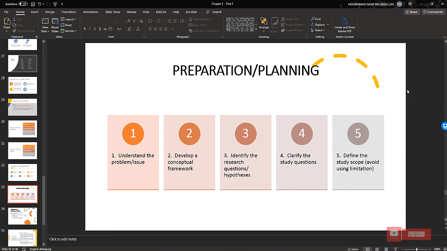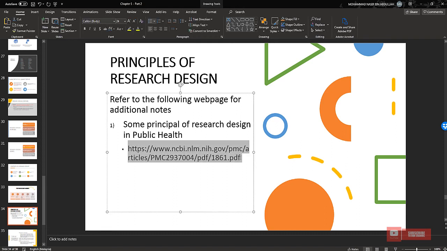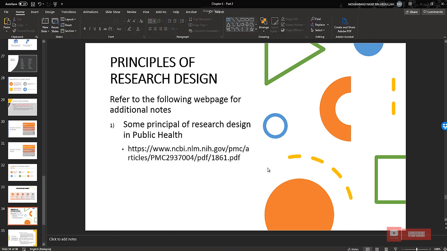Avoid using limitation. These are additional notes on the study research design. You can read the notes on this website. I already gave a link for you. Please download and read this one, Principles of Research Design in Public Health.